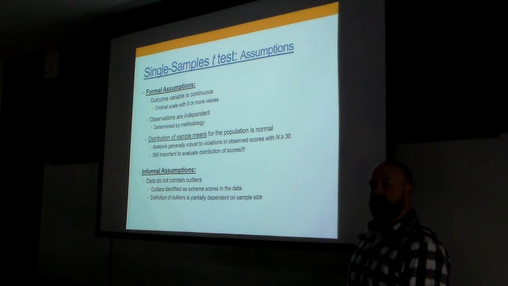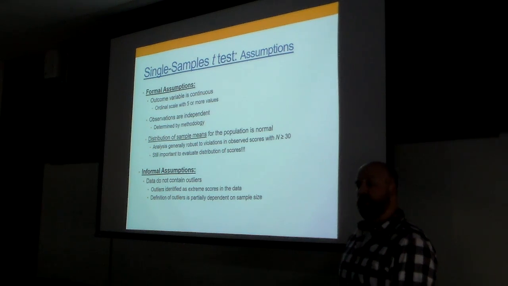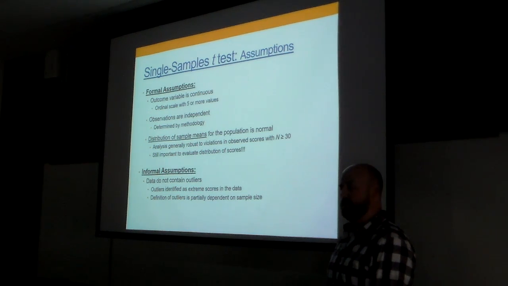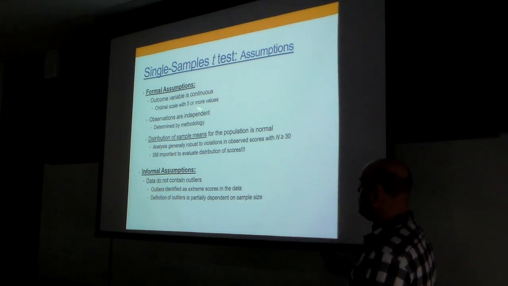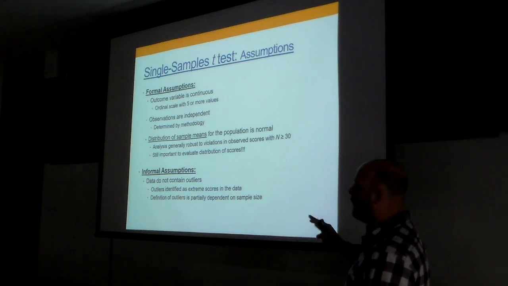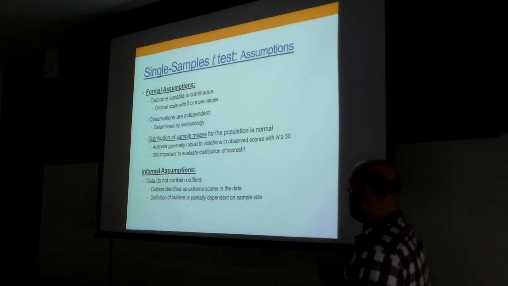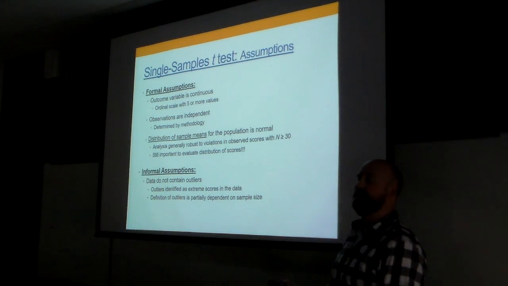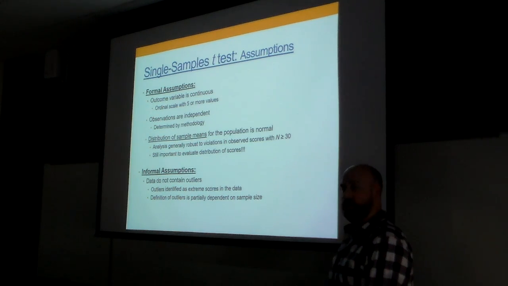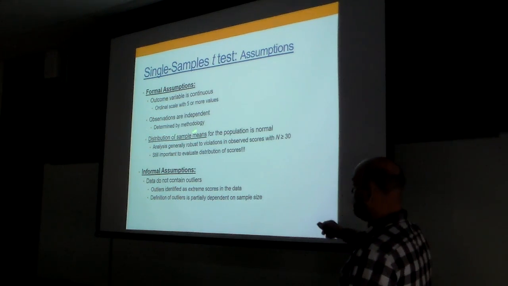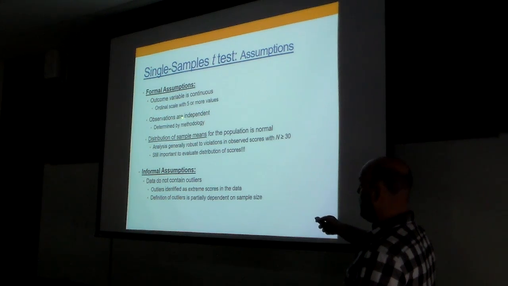Generally this doesn't cause too big of a problem with our t-tests, but it is something to keep in mind, particularly if we start to get weird distributions. So rule of thumb, an ordinal scale with 5 or more values can be treated as continuous, but again, sometimes people get more upset about that than others, but something to keep in mind.